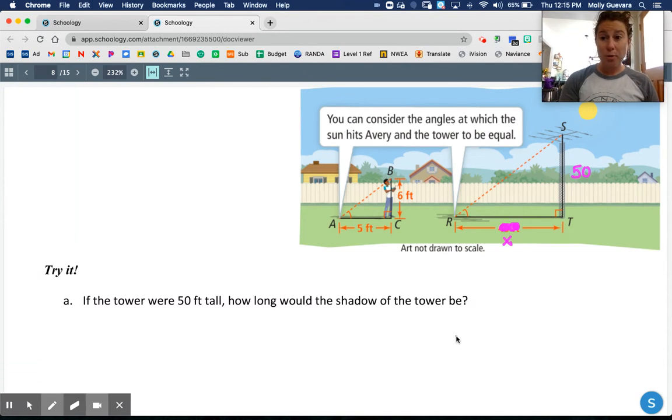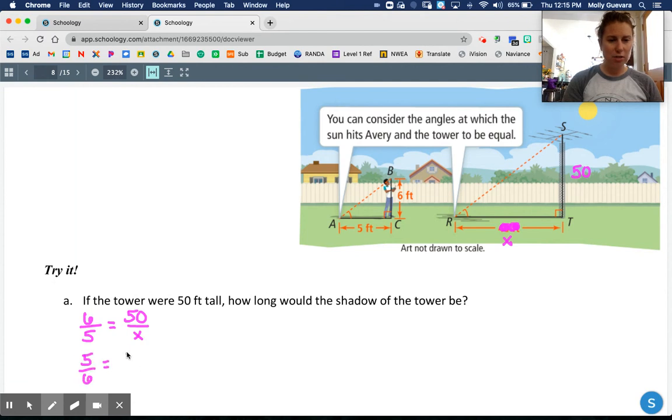Okay, so there's multiple ways you could have set up this proportion, right? You could have done height over shadow of the small triangle equals height over shadow of the big triangle. Or you could have flipped that and done 50 over x equals 6 over 5. You could have done shadow over height is equal to shadow over height. You could have done shadow over shadow equals height over height.